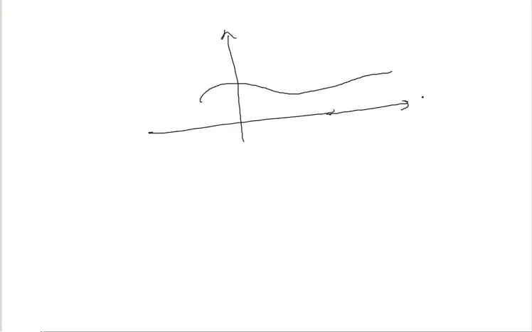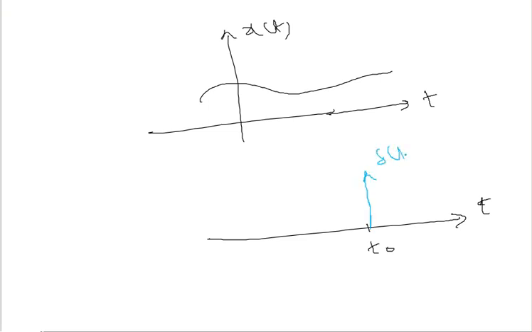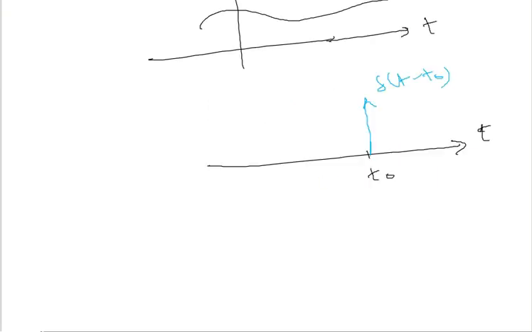And if x of t is a continuous signal and we multiply this with a shifted impulse, so this is an impulse delta of t minus t naught, which is shifted to t naught, and given that this signal is continuous at t equal to t naught, if we multiply these two signals we will get an impulse of height equal to the value of this signal at t naught.